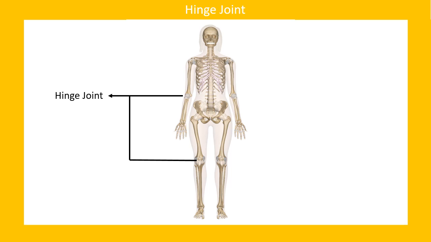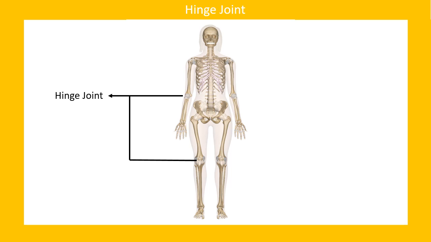Hinge joints like the elbow and knee work like the hinges on a door. They allow movement backward and forward but only up to a certain range. You can move your leg and elbow only in a certain range. Otherwise, if you move your leg more than the certain range, it may cause a bone fracture.